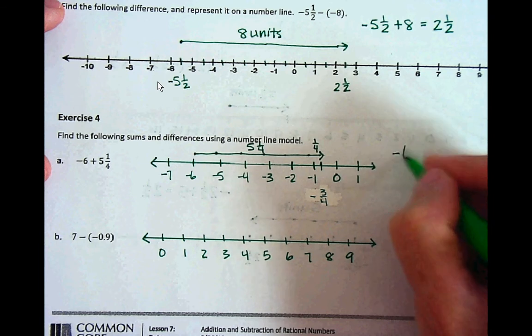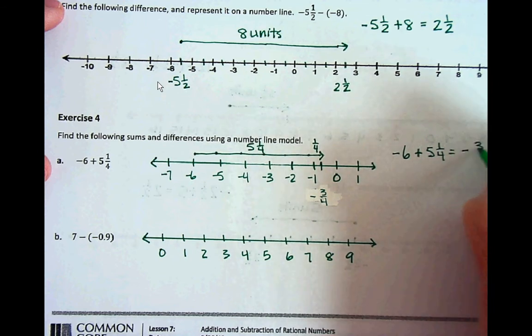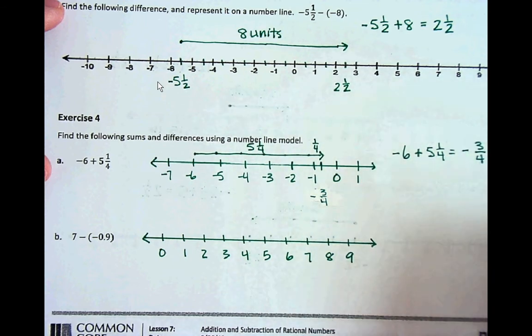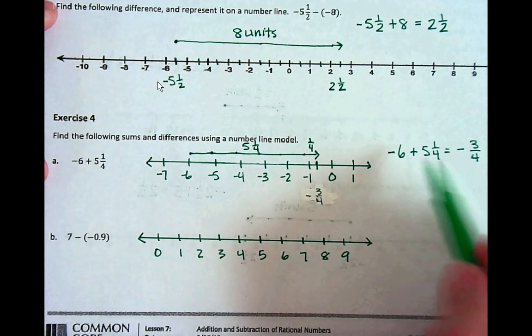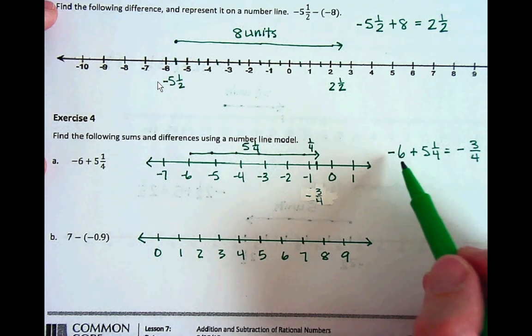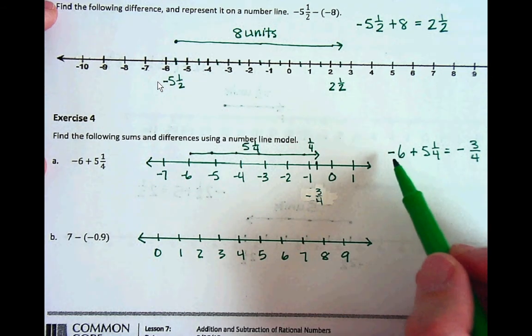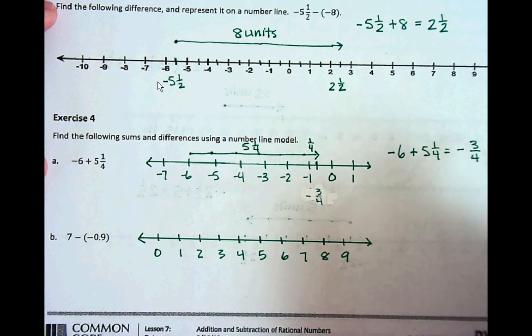So the way I'd write this is minus 6 plus 5 1/4 is equal to negative 3/4. Okay, so in order to subtract, what I'd be doing is subtracting 5 and 4/4, or I'm sorry, I would turn this into 5 and 4/4, subtract 5 and 1/4, that leaves me with a negative 3/4.